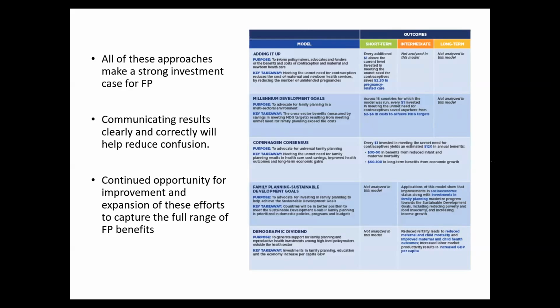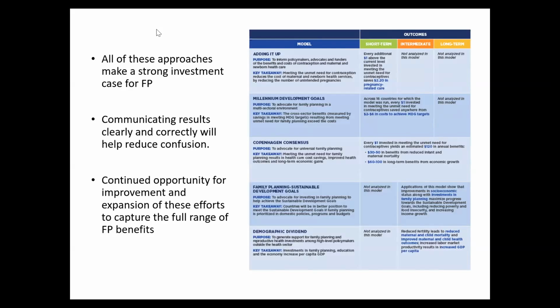The family planning SDGs model is one example. But as I've already seen in some of the questions and notes that are coming in, people are saying, well, these seem like old estimates. And it's true. Other than the adding it up estimate, which is regularly reanalyzed, the MDGs analysis was done in an era, and one could say it's no longer relevant in the current development context.